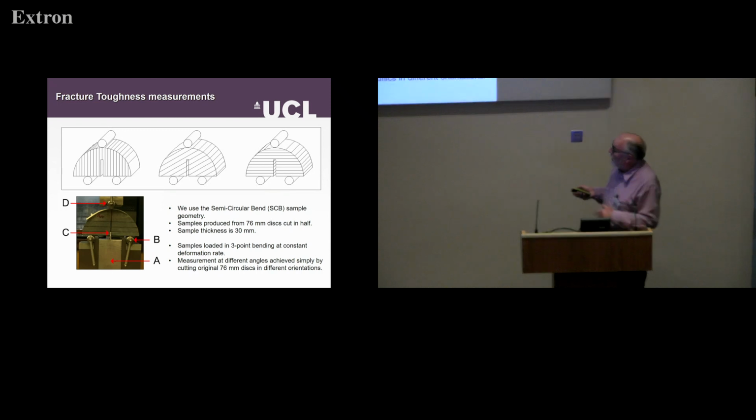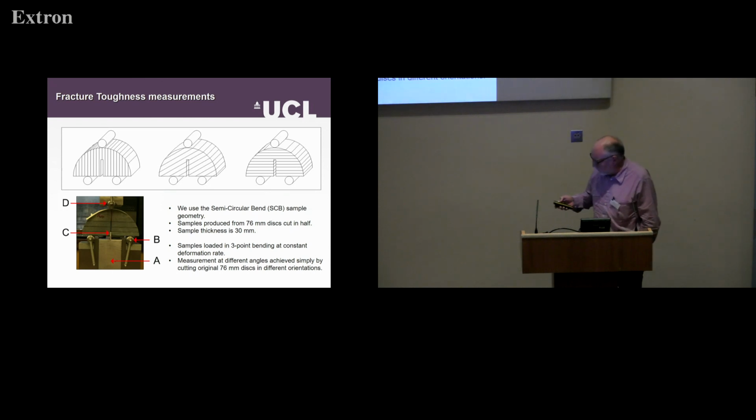We can make samples at different angles simply by cutting those discs at different angles to make cores at different orientations. We have an alignment block in the middle here, which keeps the span at the correct distance apart, and also a blade on that, which keeps the alignment and the centering of the sample, and then we simply load it in compression at a constant deformation rate.